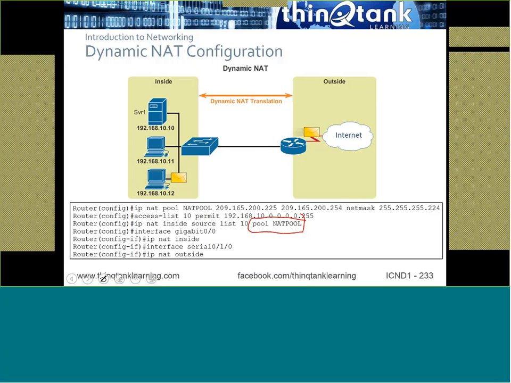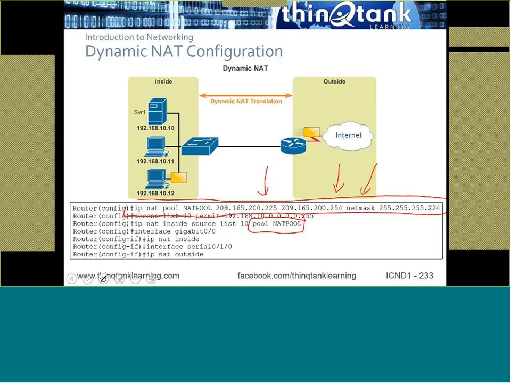Of course, the NAT pool itself is defined. IP NAT pool. And what do we identify? We identify the beginning of the pool, which is 225, the end of the pool, which is 254, the subnet mask for the hosts that are getting addresses from the pool, which in this case is 224, not 254.